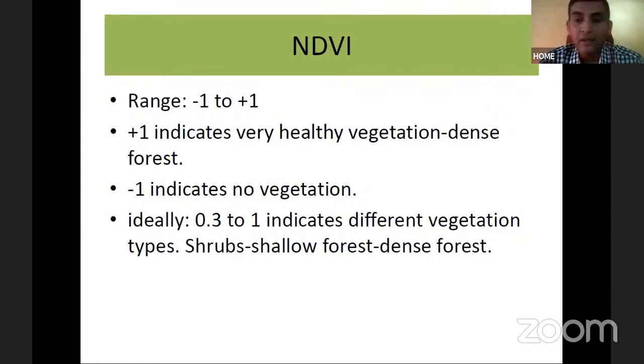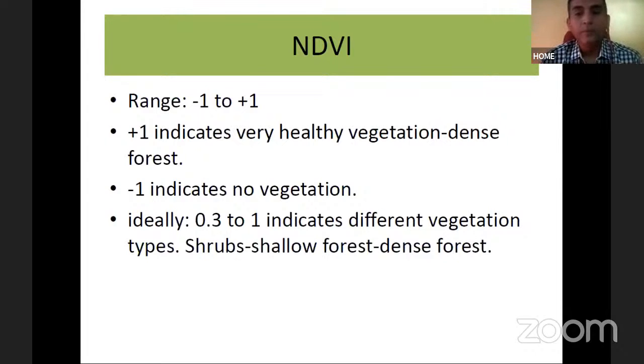Ideally, the range of vegetation will be between 0.3 and 1. I repeat again, the range of vegetation will vary between 0.3 to 1.